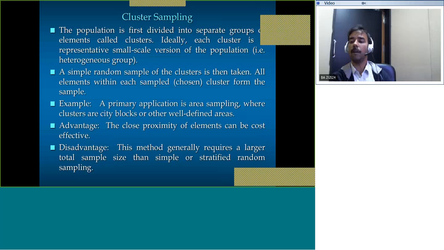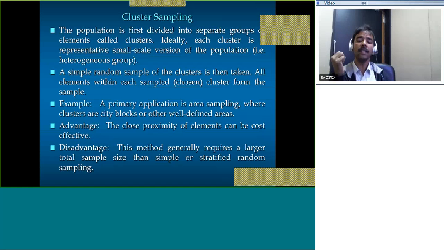Suppose the whole population can be divided into 1,000 clusters. From these 1,000 clusters, we will draw only a few clusters using simple random sampling. So in stratified random sampling, you apply simple random sampling to each stratum, whereas in cluster sampling, you apply simple random sampling to sample the clusters rather than the elements in the clusters. After sampling the clusters, the elements in the clusters become a good sample. Maybe this is one of the methods.